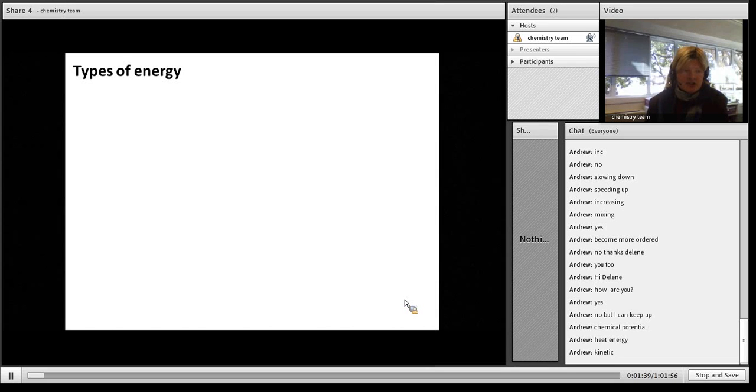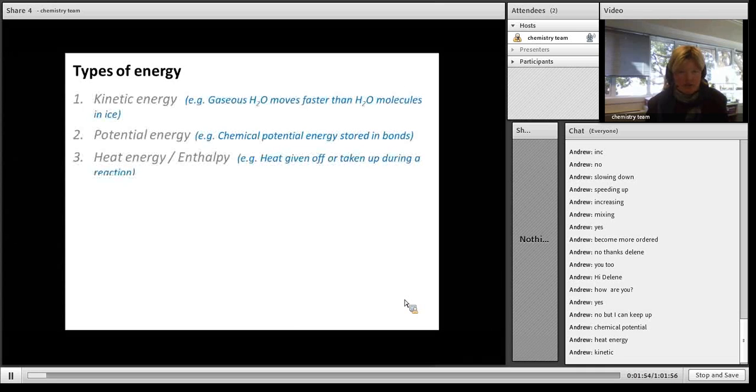So the energy in the bonds, which is the chemical potential energy, the heat energy, which is the word we use enthalpy for. So when we use enthalpy, it means heat energy, and then kinetic energy. So for instance, water molecules that in the gaseous state have got more energy than water molecules bound up in ice, because they're moving around faster.